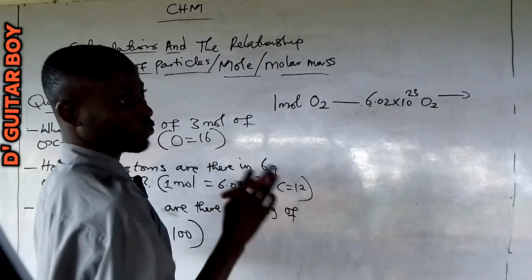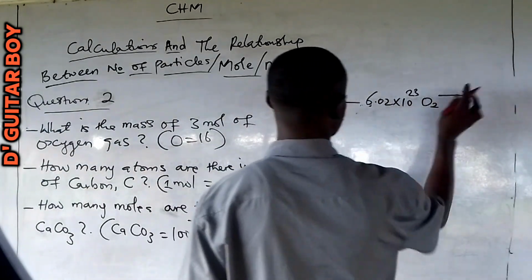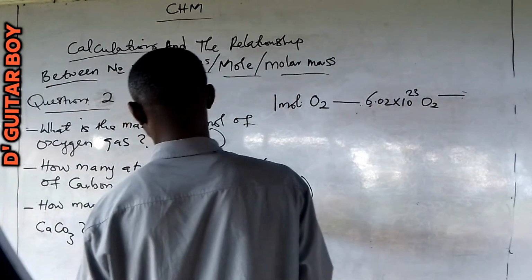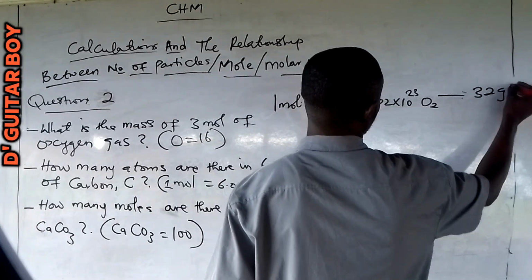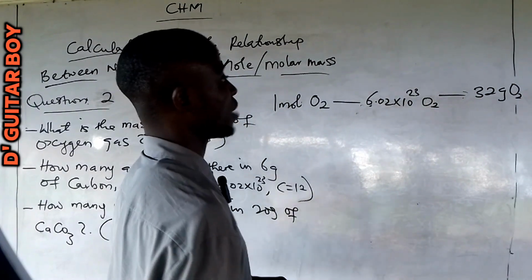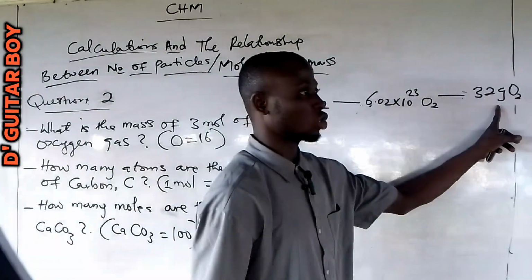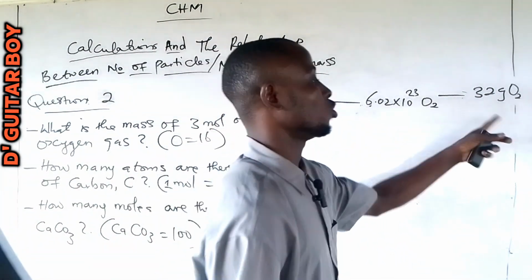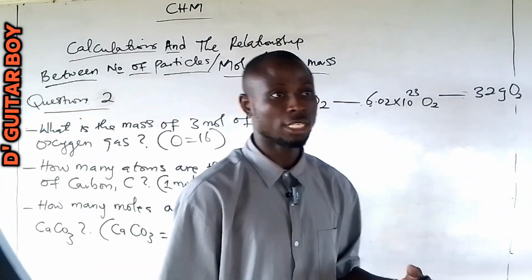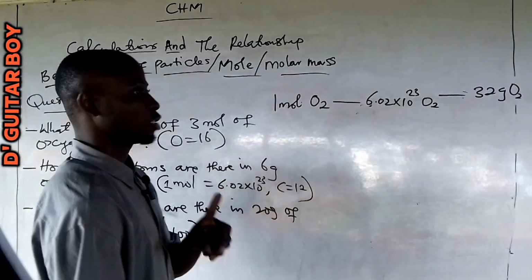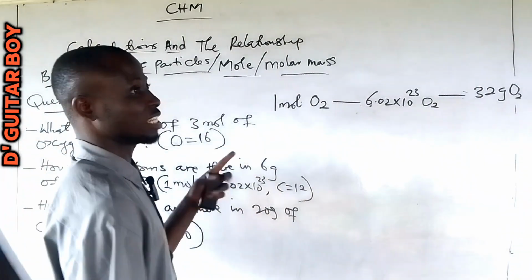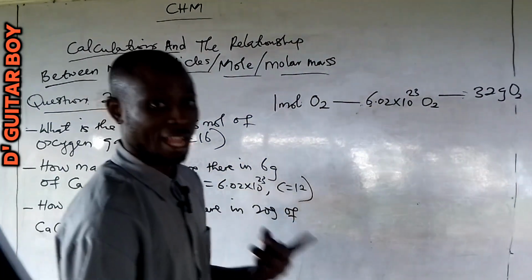You remember from our previous video, number of particles, and it also gives us 32 gram of oxygen molecule. This is the mass of oxygen molecule, so it's 32. You know the mass of an atom of oxygen is 16. They gave you that here, and since they say gas here, they expect you to know that they are talking about molecule. They are not talking about an atom.